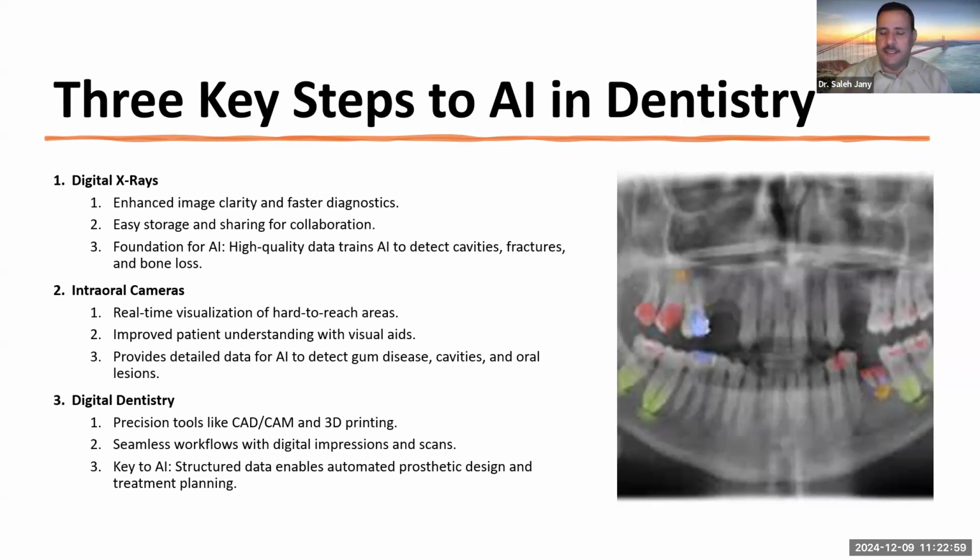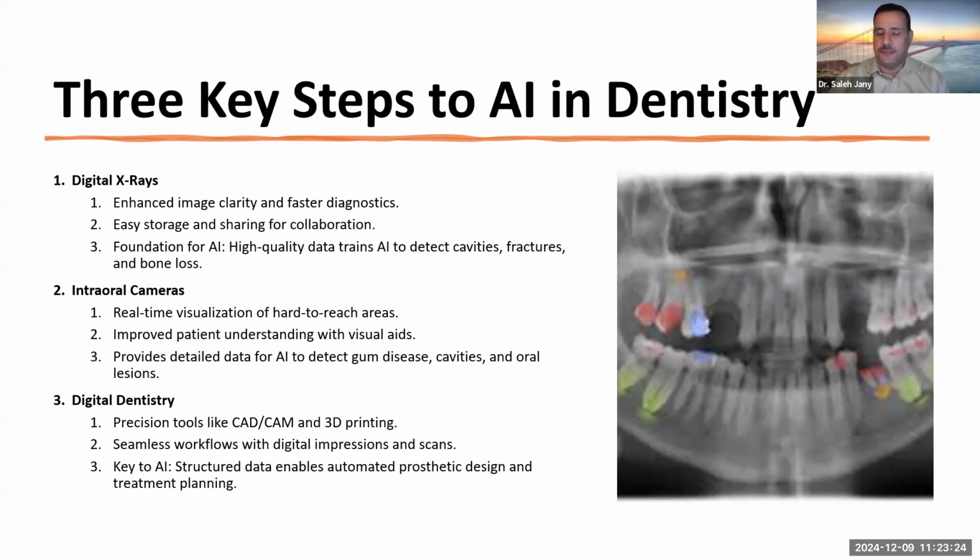But when digital X-ray came, it changed a lot. And with the intraoral camera, you can have a good vision of the oral cavity, the palate, the tonsillar area, the teeth, the gingiva, and the cheek. Then started digital dentistry.